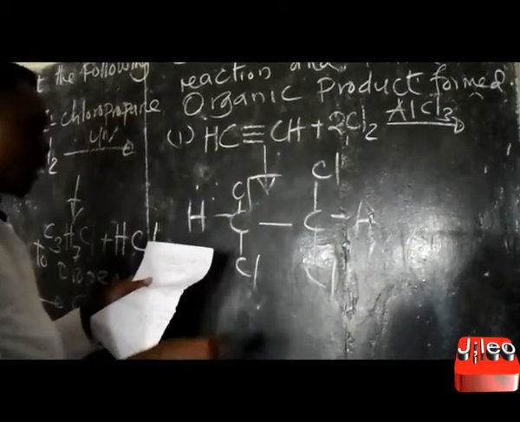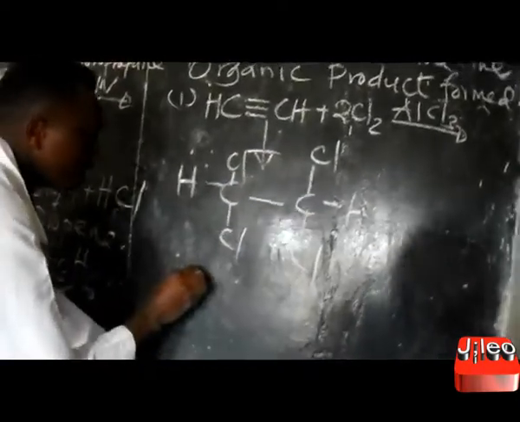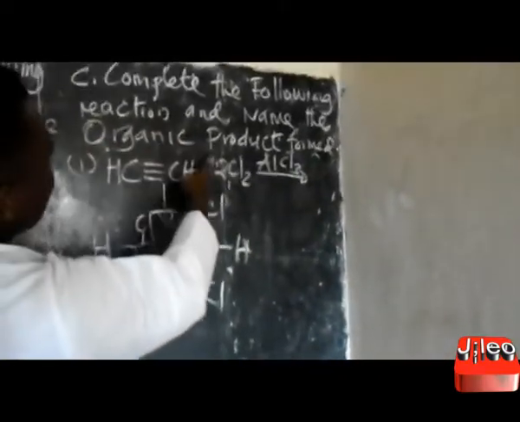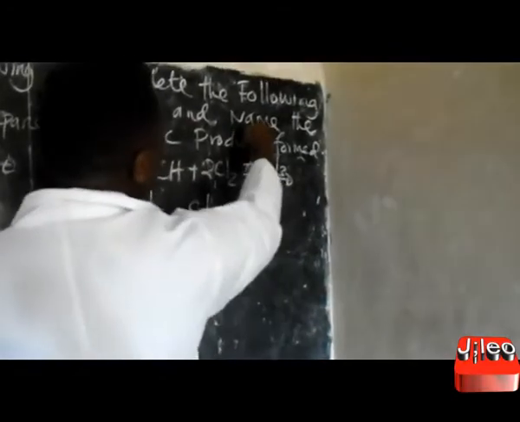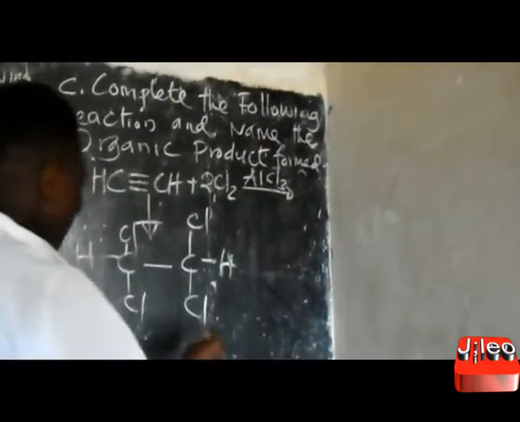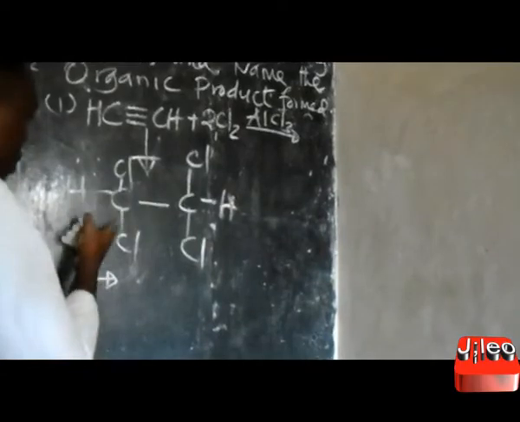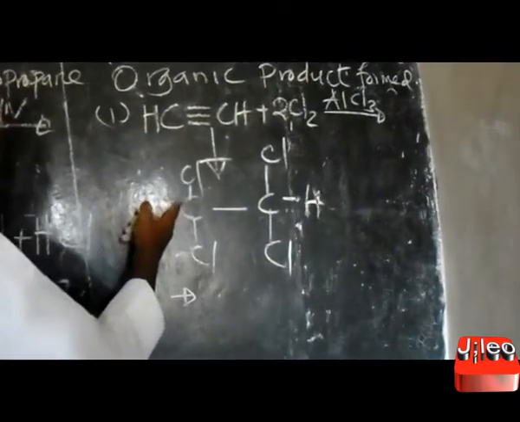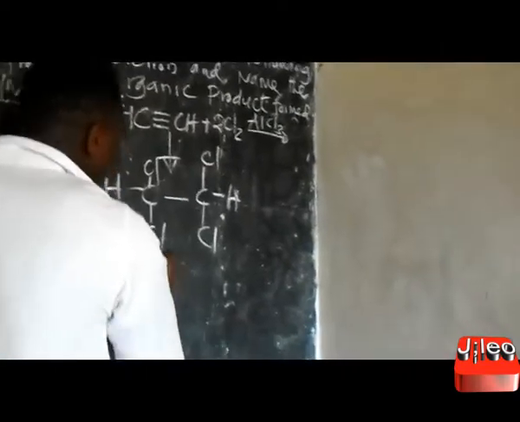Now, in its nomenclature we can name it, because the question needs us to provide the name. Chlorine is located on the first carbon, so we can say 1,1, because we have 2 chlorine at the first carbon.